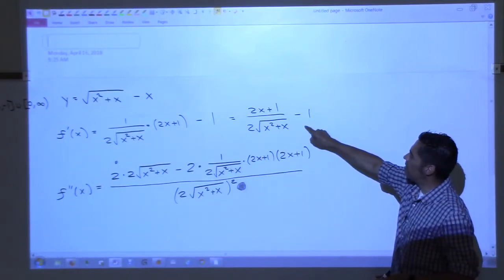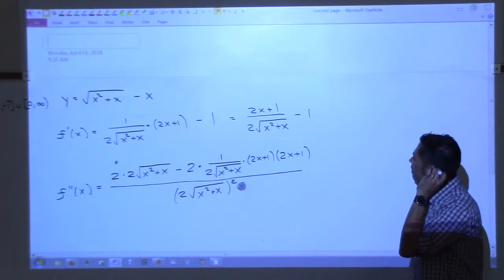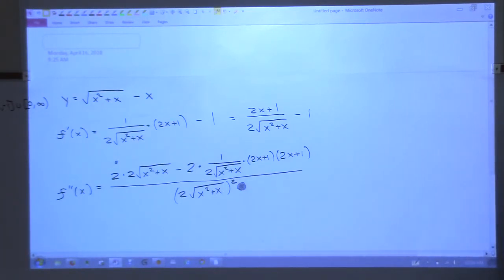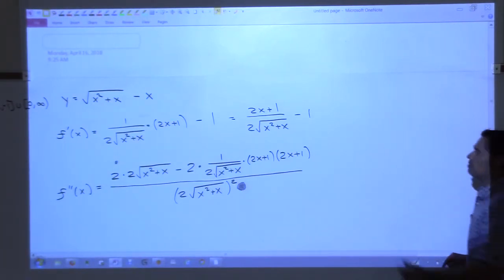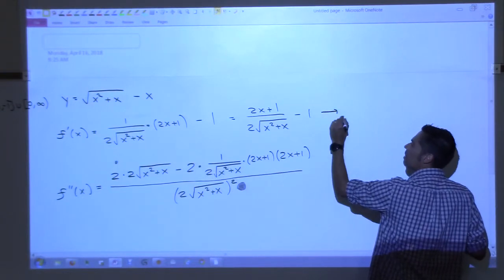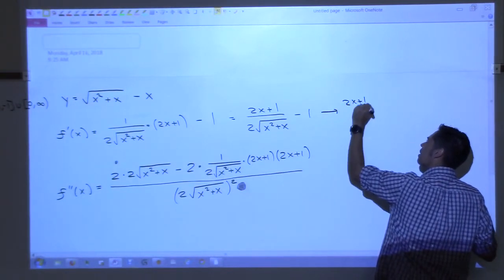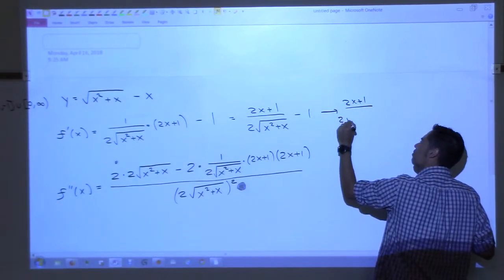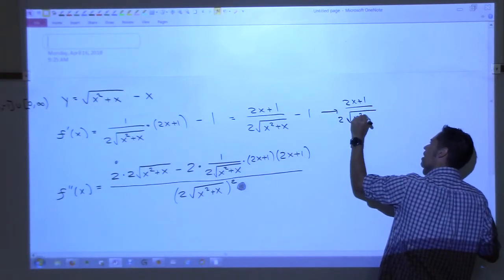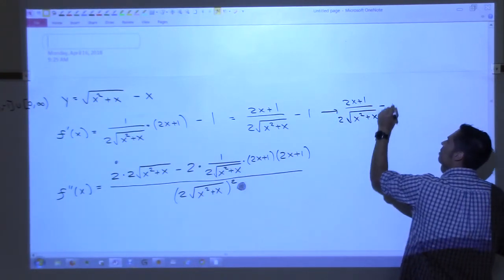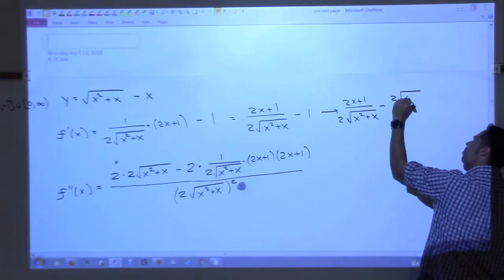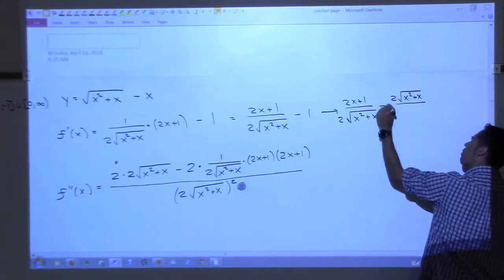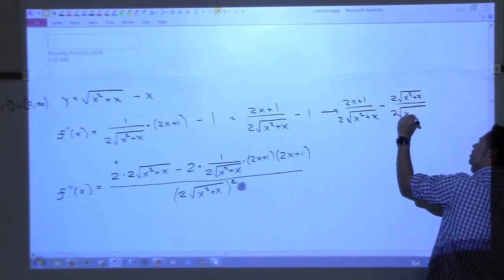If I'm going to set this equal to 0, then I'm going to get a common denominator. So I'm going to do that now with that in mind. I'm going to do 2x plus 1 over 2 root x squared plus x minus 2 root x squared plus x over 2 root x squared plus x.